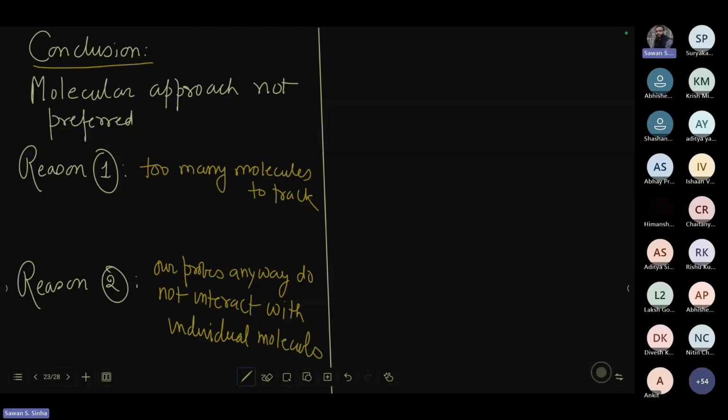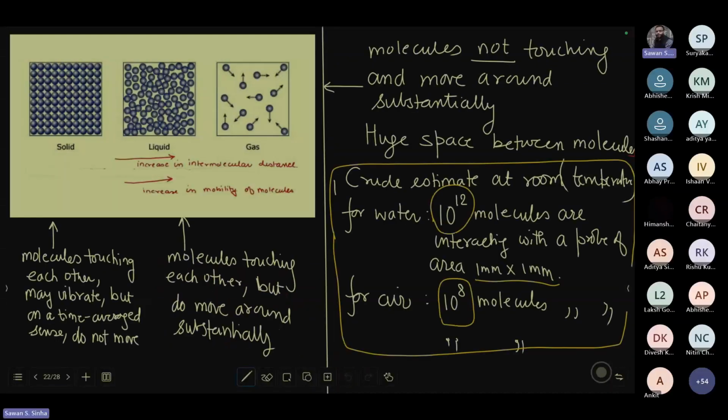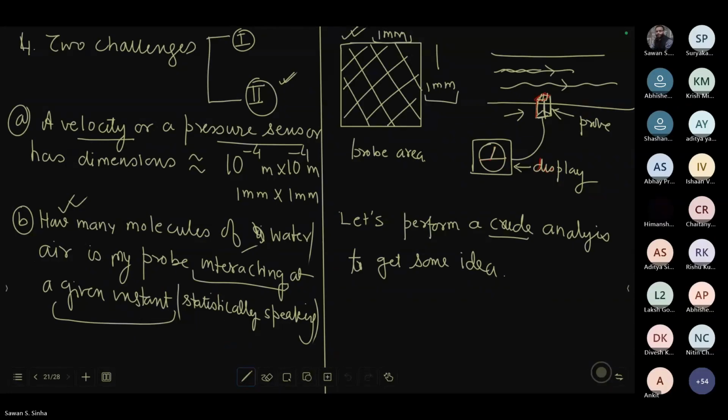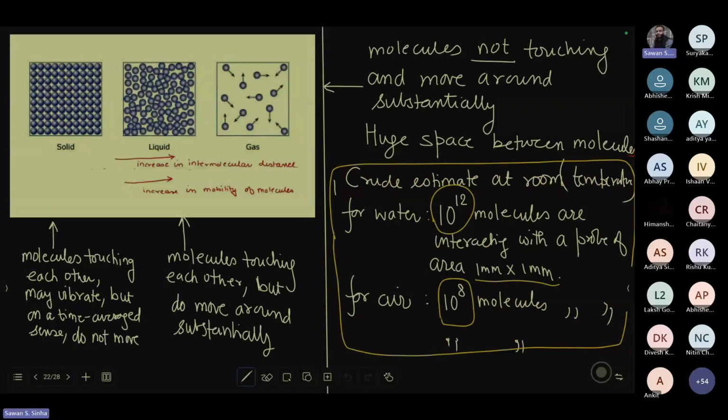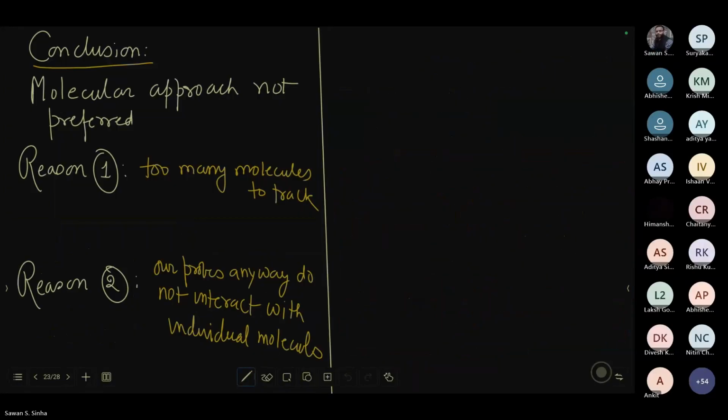So we will not use this. On this slide, I did put this picture. You see why this. It's not touching the huge space between molecules. I'll come back to it later. Right now, it doesn't seem very relevant. Fine. The molecular approach I am going to drop.